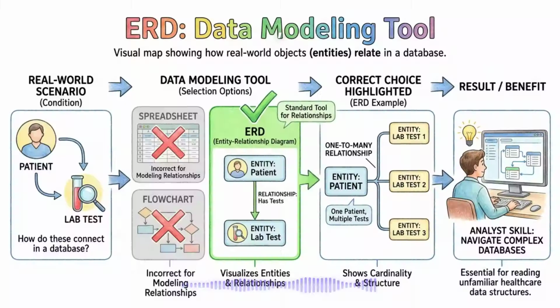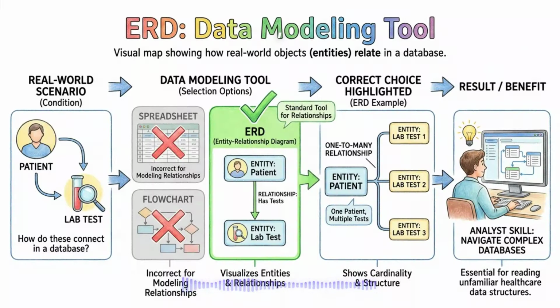The standard tool used to draw these data models is called an entity relationship diagram, or an ERD. In an ERD, an entity represents a real-world object like a patient or a medication, while the relationships show how these objects interact with each other.